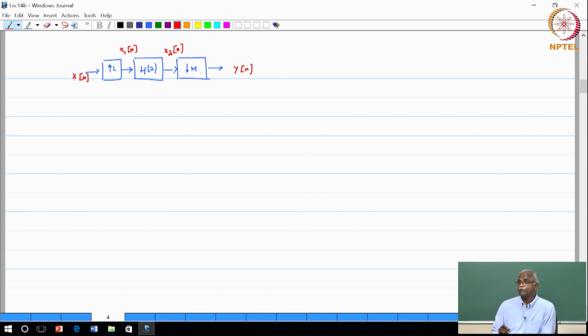I would like to relate the input and the output in the following way. y of n is x2 of Mn.